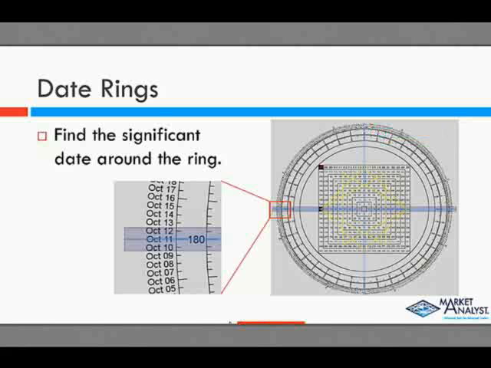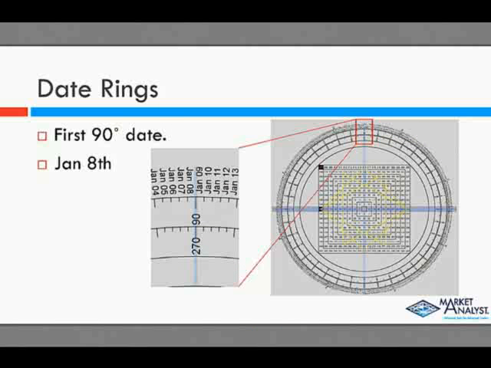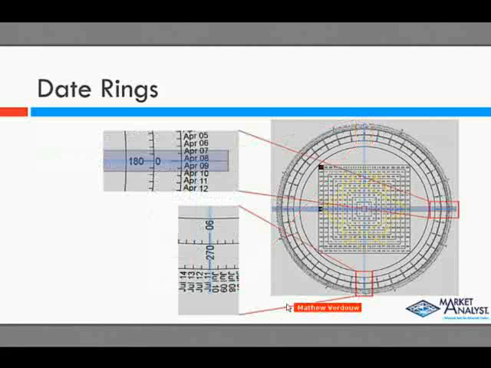As we move around 90 degrees, the first date that we find is January the 8th, and that's the one here. We'll keep moving around, and we've got April the 8th and July 11. Now, an interesting thing again with the square of 9 is that these four dates, the cardinal dates based off that major high in the market, are going to be significant for a number of years to come.